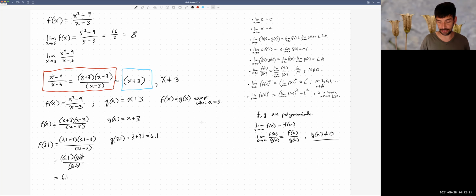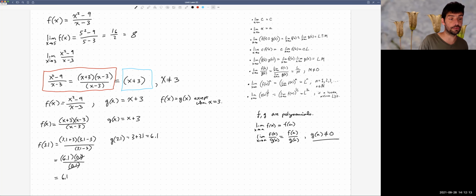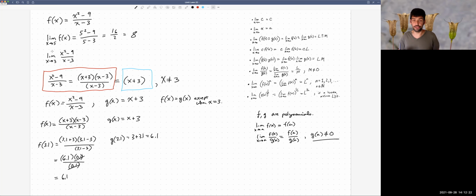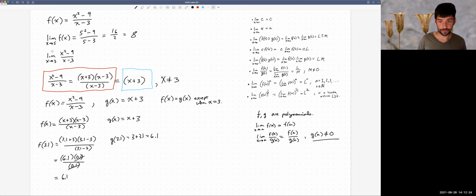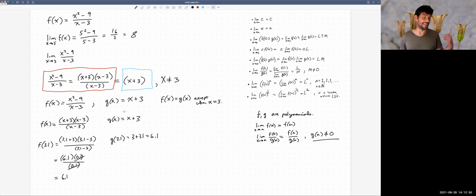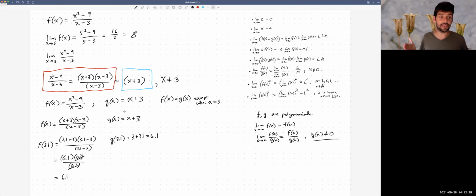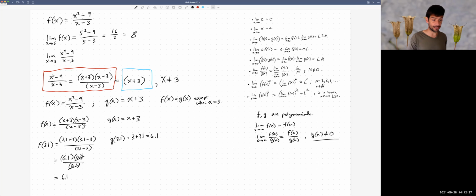When I'm taking the limit as x goes to 3, all I care about is what happens to the function as my values of x get closer and closer to 3, not at 3, right? So this is crucial. So now I have a function g that's exactly the same as f. In other words, it does all the same things that f does near 3, like f of 3.1 and g of 3.1 are the same.